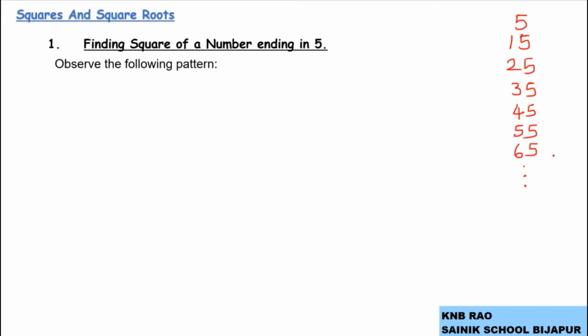Now you are going to learn square of such numbers. Now try to observe the following pattern and try to make some sense out of that pattern. It is very easy to find the square of a number ending in 5.